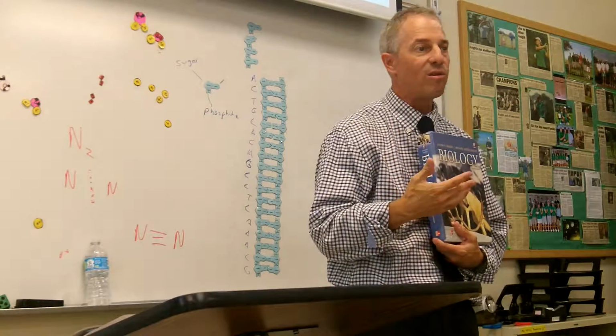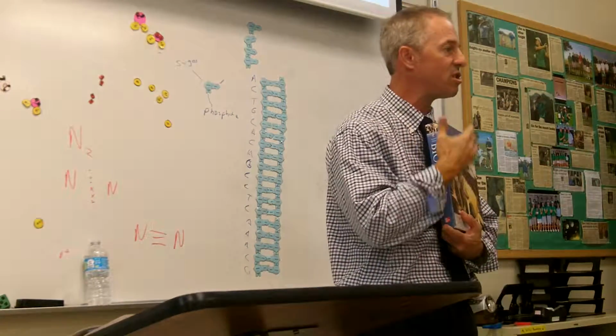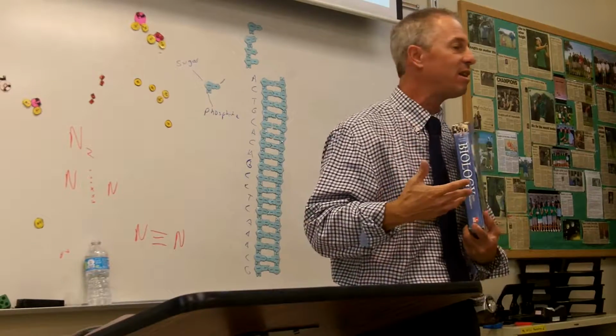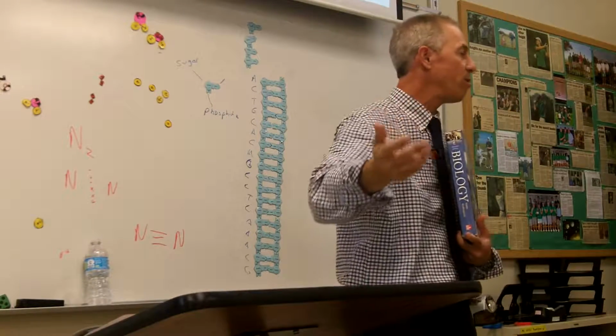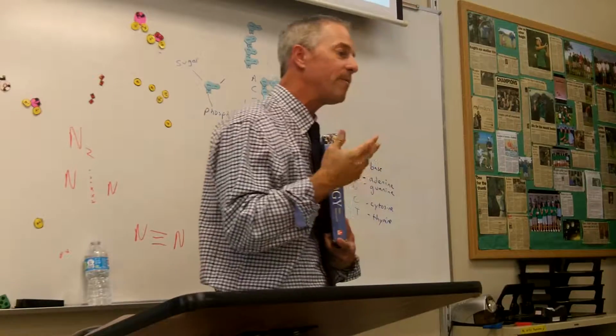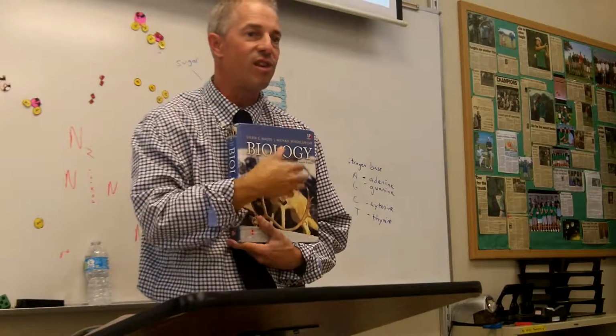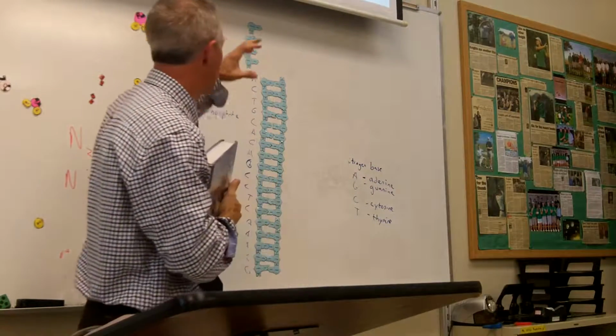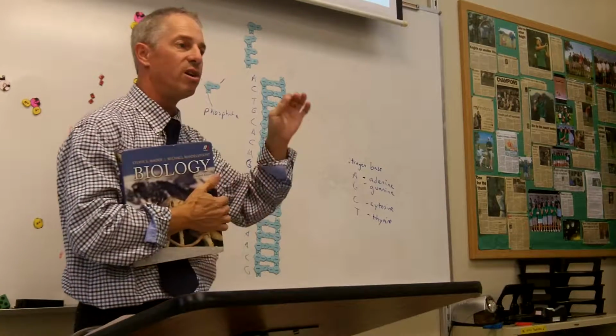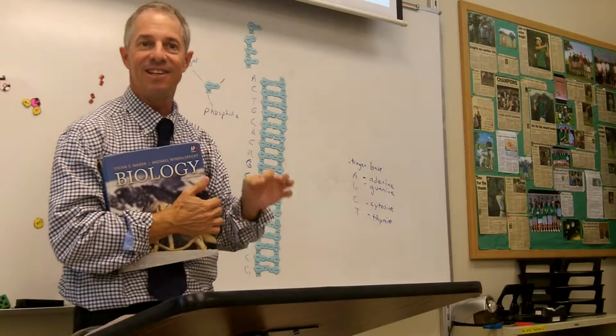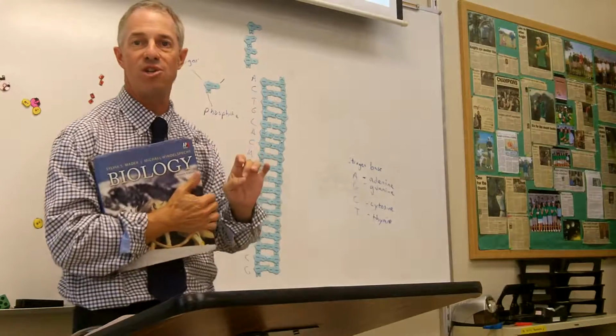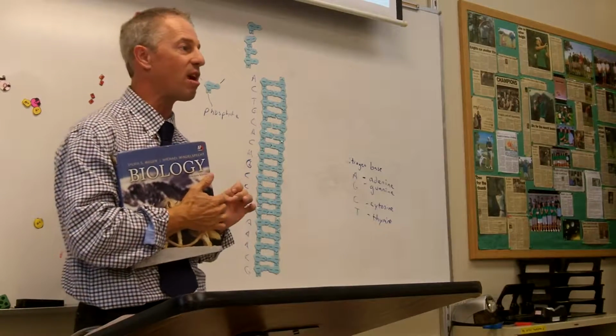That's information storing everything that makes you different from your brother or your sister or from me, coded in your letters. And that's all held in these molecules called nucleic acids. Nucleic acids hold information. They're the information carriers.